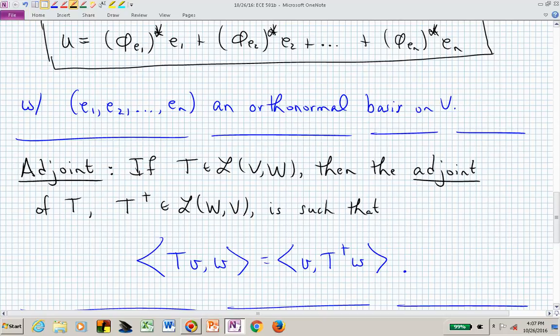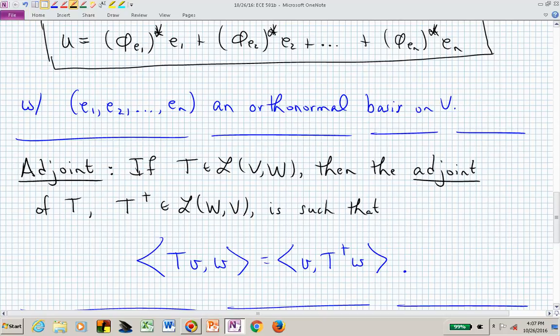And what's the result of an inner product? A scalar. We take two vectors and produce a scalar. On the left we have an inner product space, and on the right we have a different inner product space, but the two of those inner products produce the same scalar.